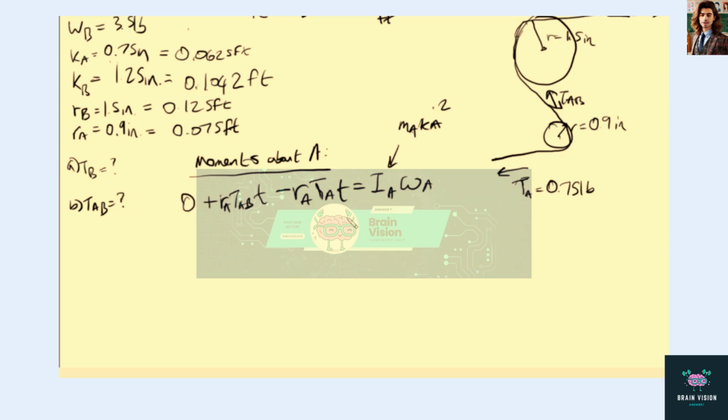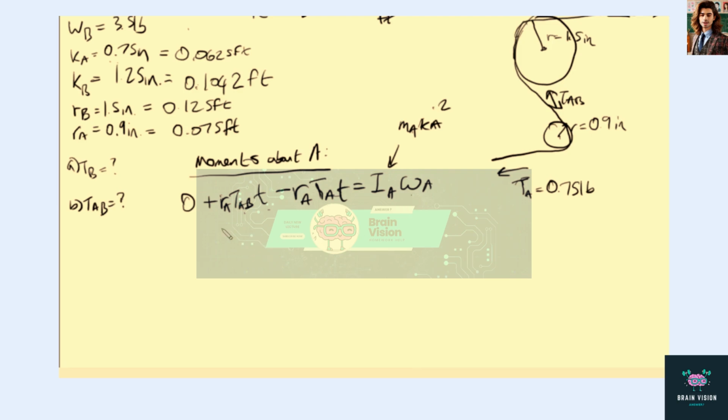Now let's plug in our values and solve for TAB times T. Keep in mind, all we're doing here is the impulse momentum theorem. This is the impulse, and this is the change in momentum.